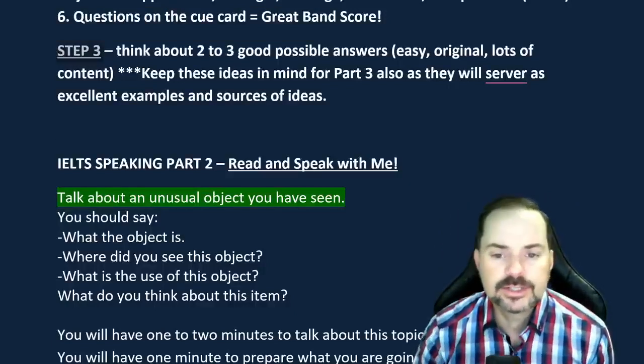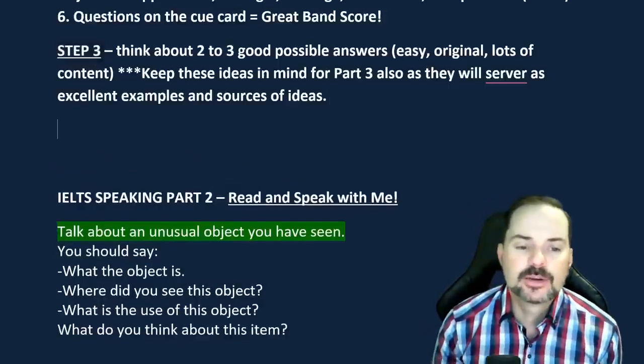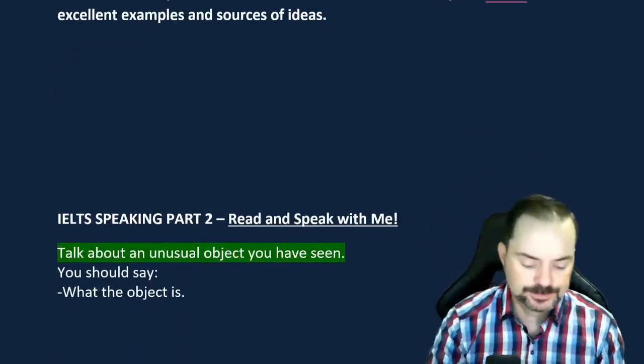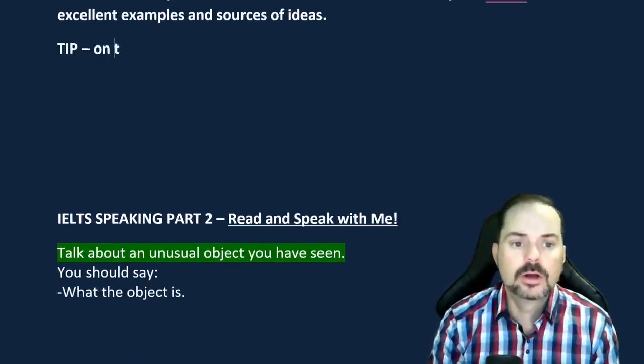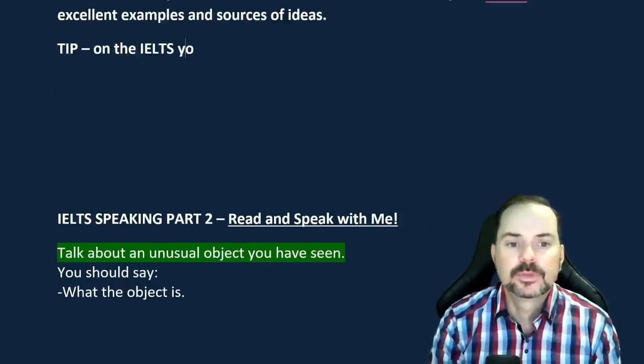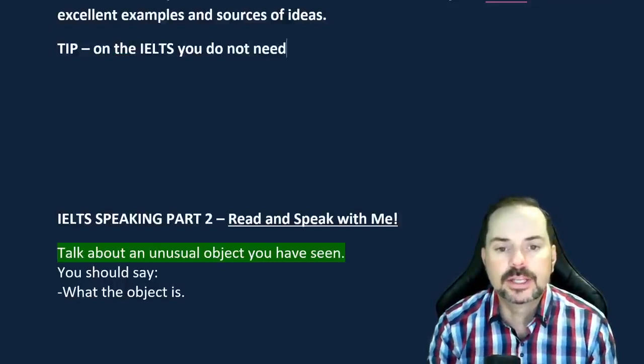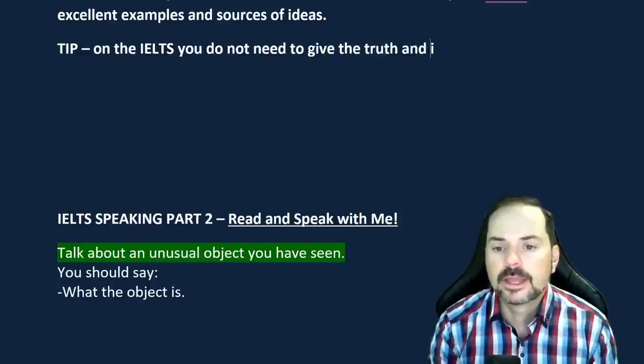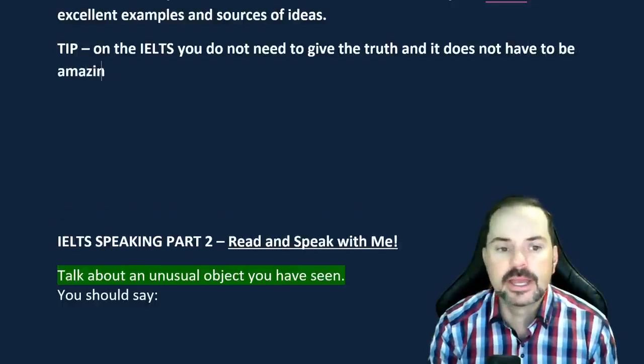So what are some unusual objects that we see? Now, keep in mind, here's a little tip, everyone. On the IELTS, you do not need to give the truth, and it does not have to be amazing for a band 9.